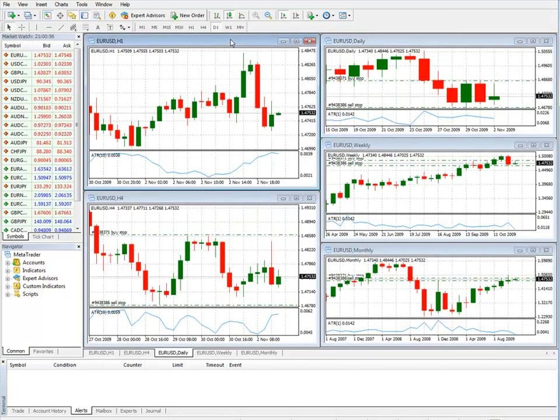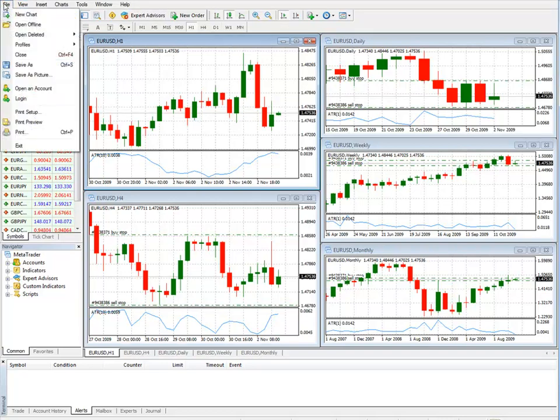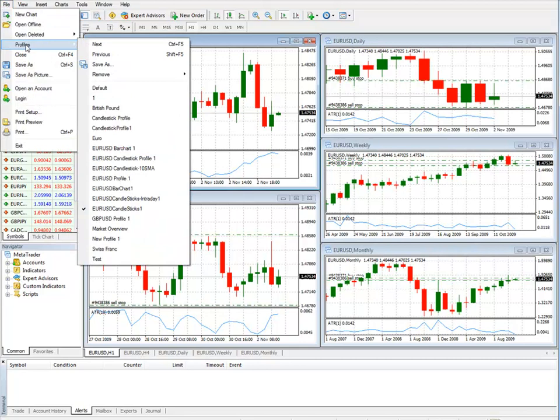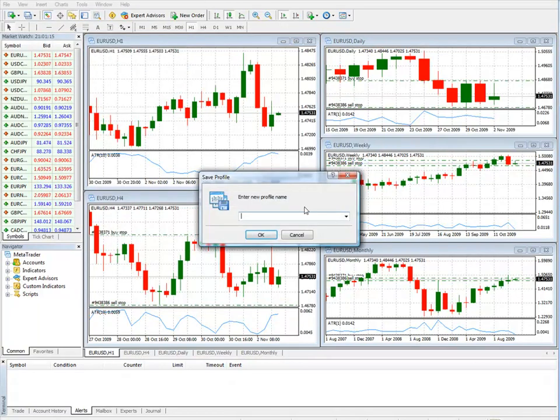What we're going to talk about now is expanding our trading opportunities. So here's what we're going to do. We're going to go over to File, go over to Profiles, and go to Save As, and we're going to go to USD CHF candlesticks 1.